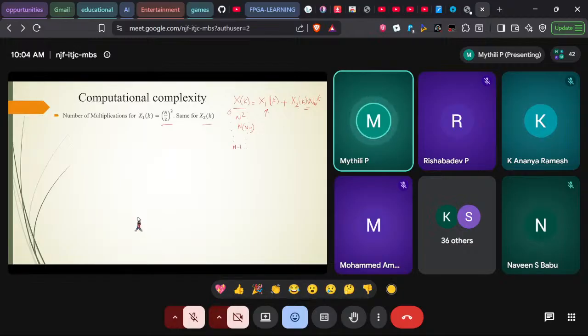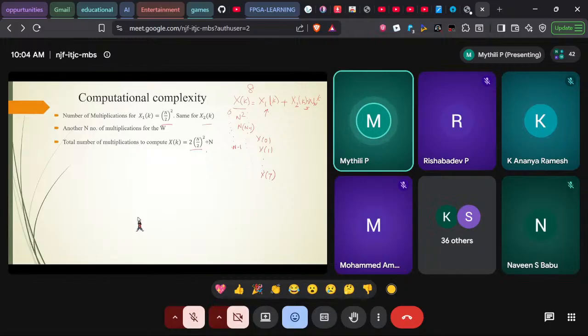If n is 8, there will be 8 such computations you will have to do, that is x of 0, x of 1, and so on up to x of 7, 8 values. Okay. So you need 8 more multiplications here into Wn of k. So totally, you can see that we need 2 times n by 2 square plus n number of multiplications.